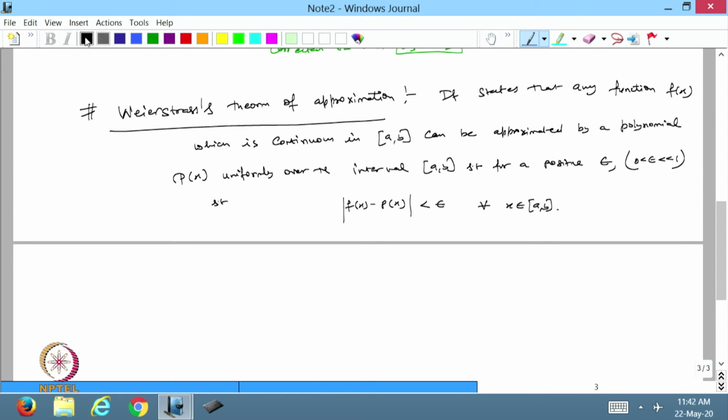So, now I will write down the interpolating polynomial. Let us do Newton's, or we call it Newton-Gregory, forward difference formula.